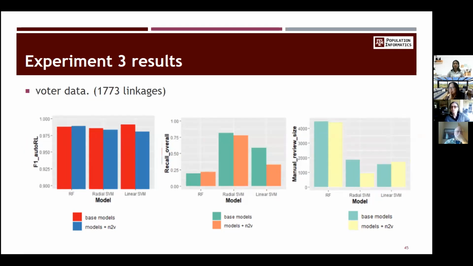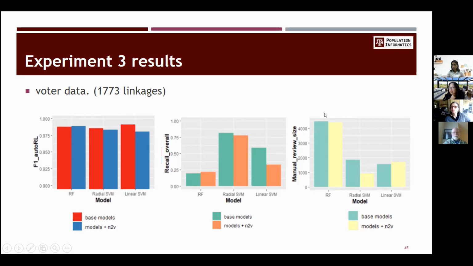And we did this experiment on voter registry data too. In voter registry data, you can see that the radial SVM benefited the most. We have a big reduction of manual review size here and a small change in recall overall and F1 score.